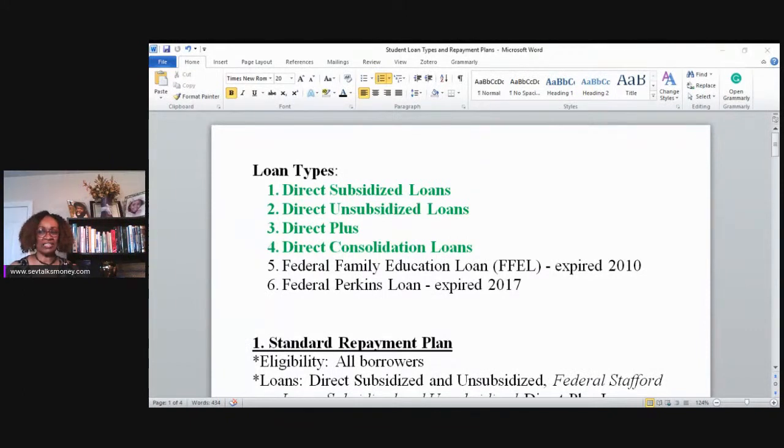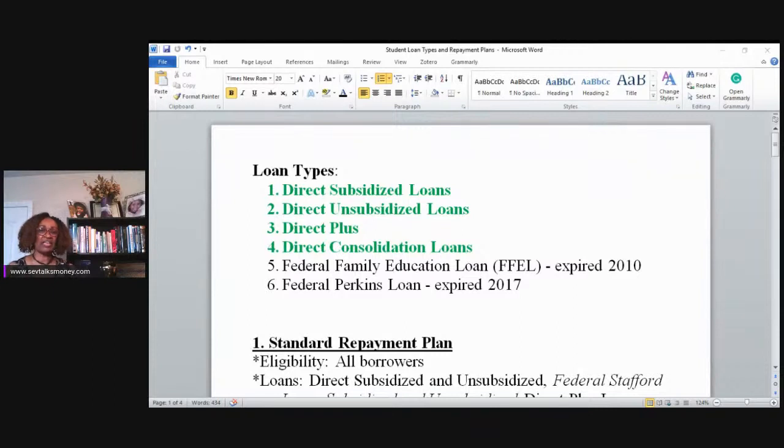Direct unsubsidized loans, qualification is not based on financial need, but the ones who can get that loan are parents of undergrad and graduate students and professional students, meaning you're pursuing a doctorate or a law degree or something like that.